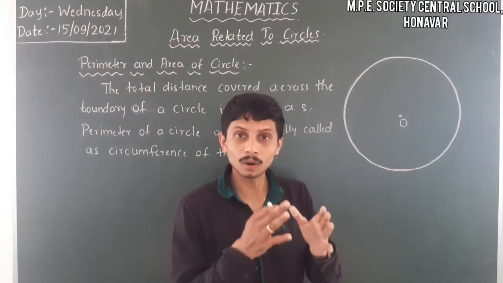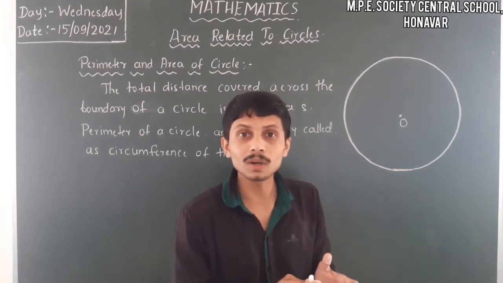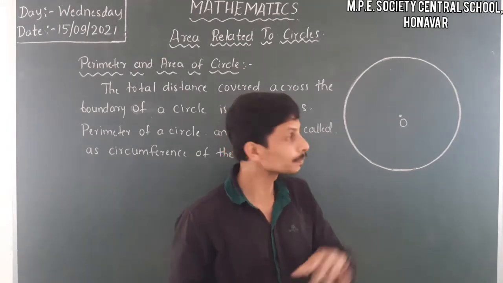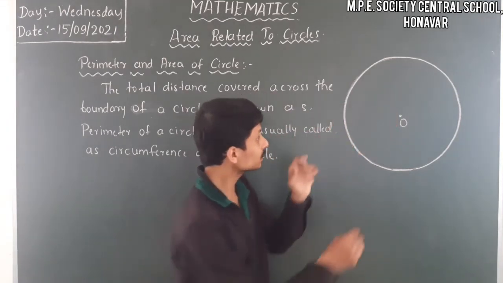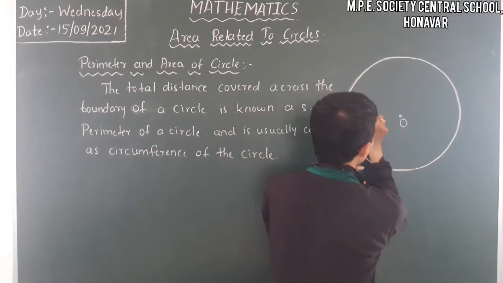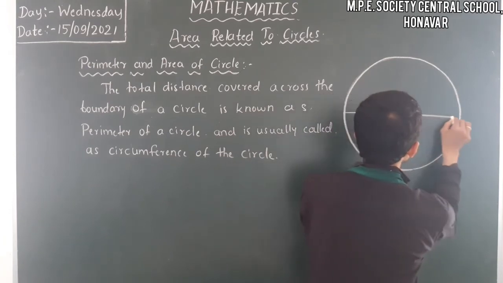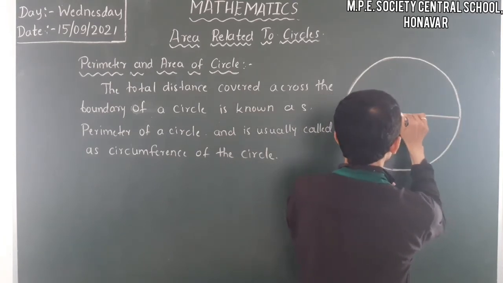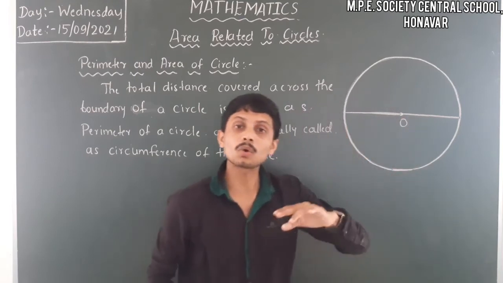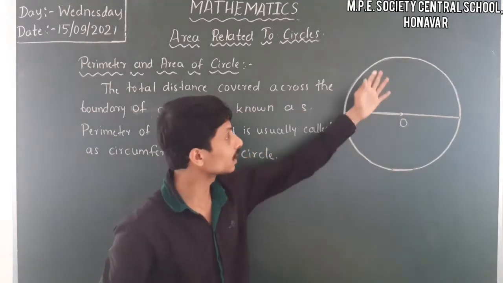That is how we got the formula to find the circumference of the circle. The diameter bears a constant ratio with the circumference.